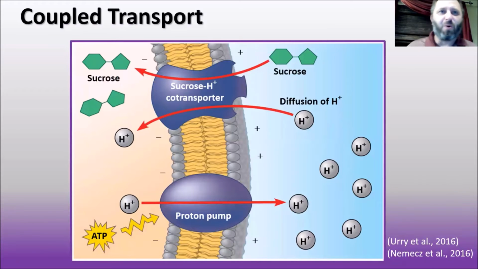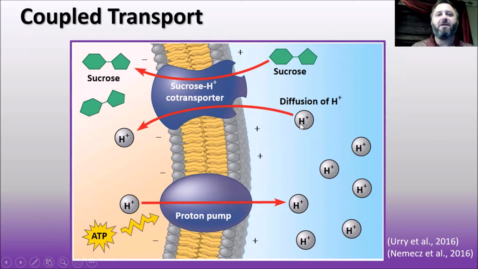Now, this transport, it can also be coupled. As these proton pumps are driving hydrogen ions across, like we just talked about, there are these coupled transports where these transmembrane proteins can have binding sites with two different molecules.